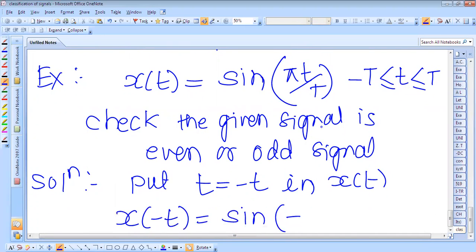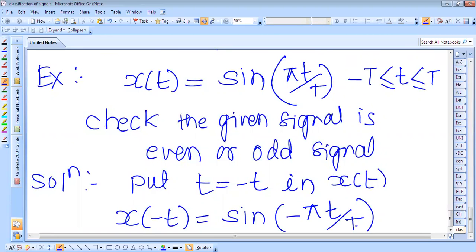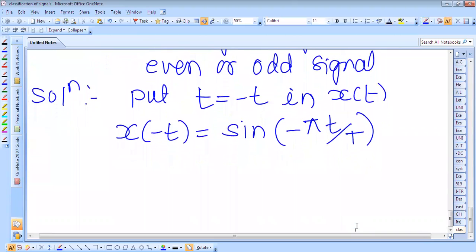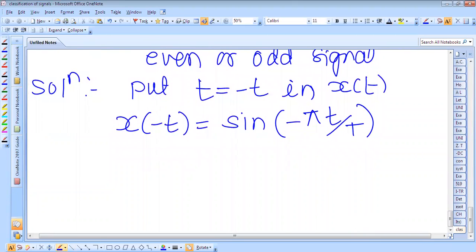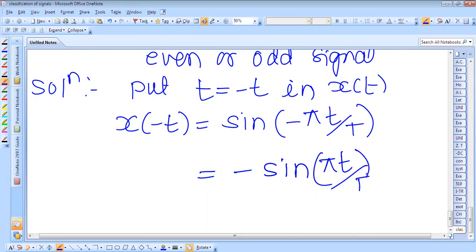Okay, so what we have to do? We have to put t is equal to minus t, and the function will become sine of minus pi t by t. Okay, and sine of minus of something is minus sine of pi t by t.